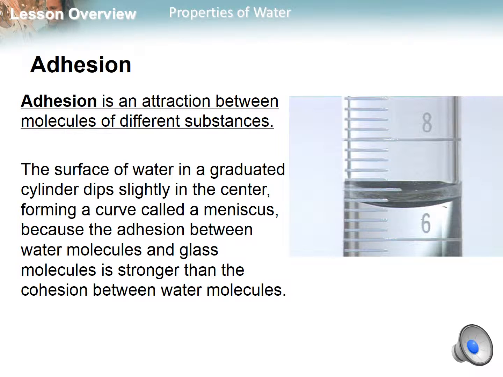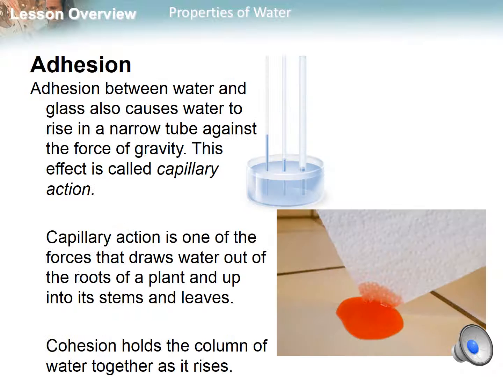Well, the reason the meniscus forms is because you have an attraction between the water and the glass on the sides, and then you have cohesion in the middle. This adhesion is actually a little bit stronger than cohesion. And so therefore, you have the water kind of pulling away from the center, and it sticks to the sides of the glass on the graduated cylinder.